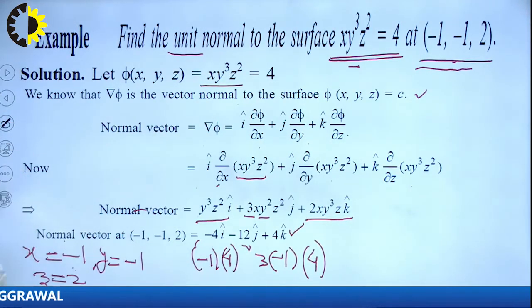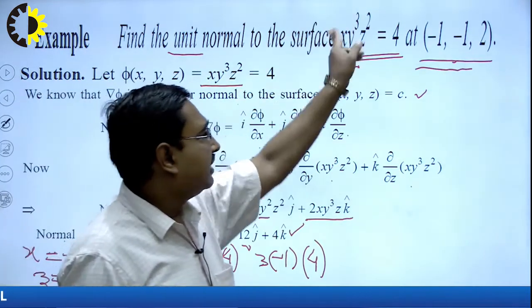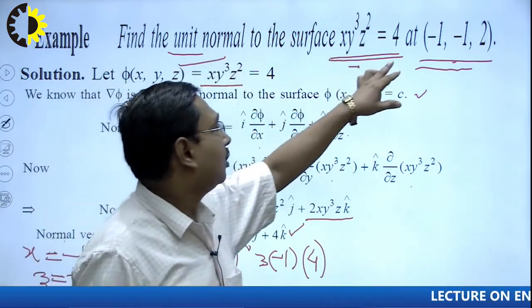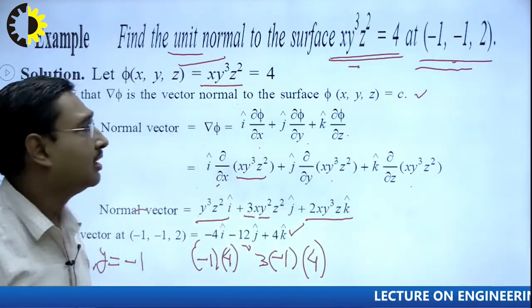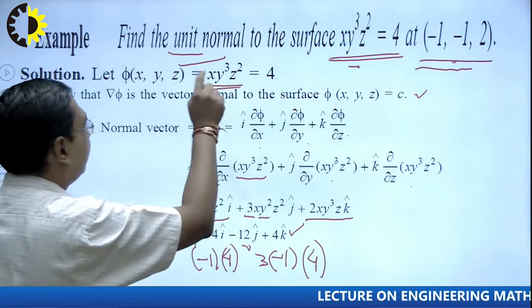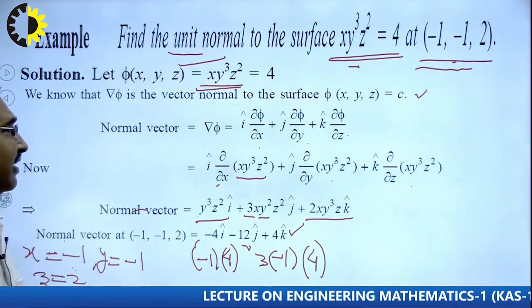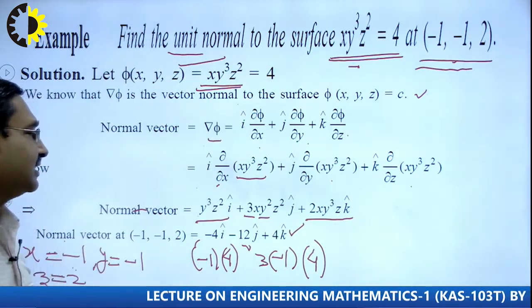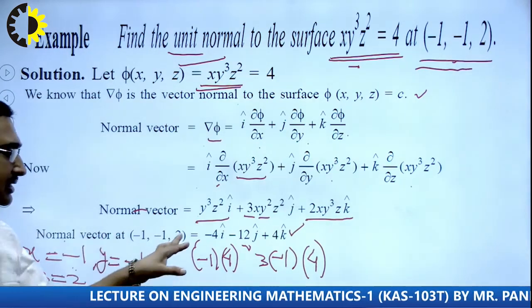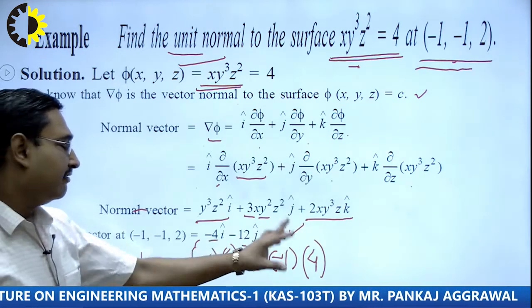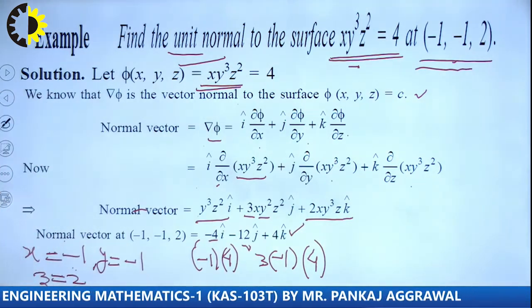Let me sum up once again. This surface was given. I was looking for a unit normal vector to the surface at this point. First of all, the terms involving x, y and z will be considered as phi(x, y, z). Then grad phi is calculated. The point is substituted in grad phi, and that value of grad phi was the normal vector to the surface.